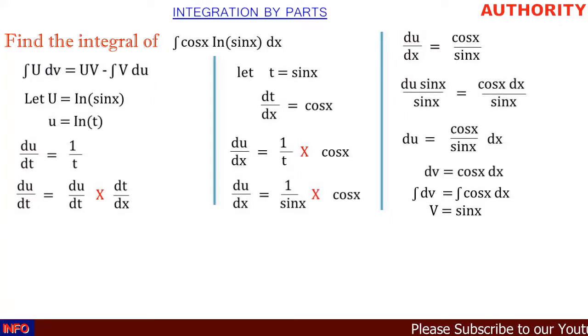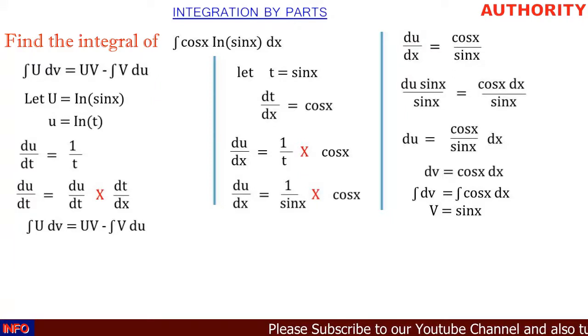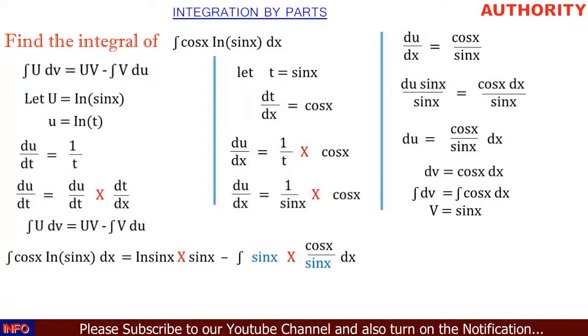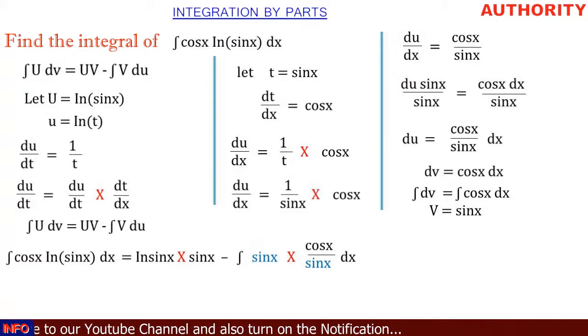Let's join them together in this formula, where the integral of u dv is equal to u times v minus the integral of v du. So here we're going to say the integral of cos x ln sin x dx is equal to our u, which is ln sin x, multiplied by v. Our v is sin x, minus the integral of our v, which is sin x, multiplied by du.